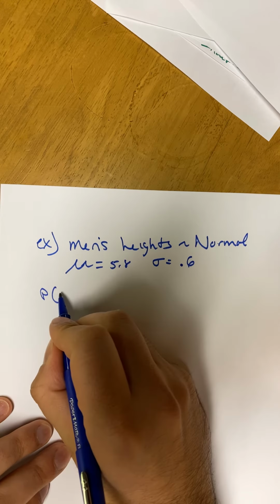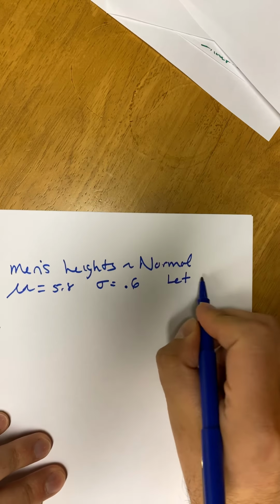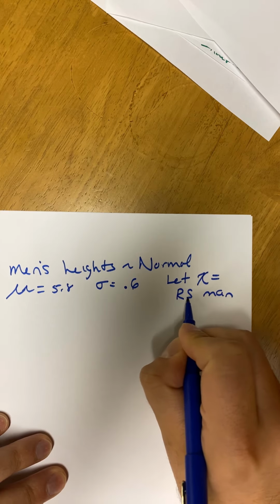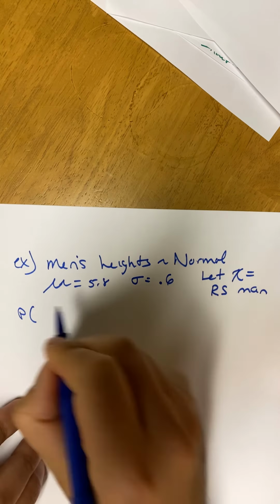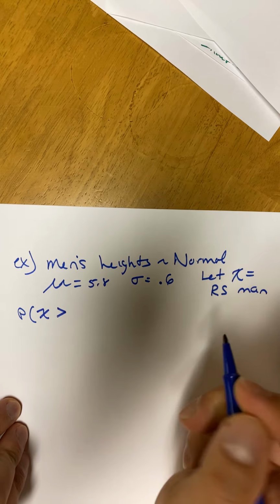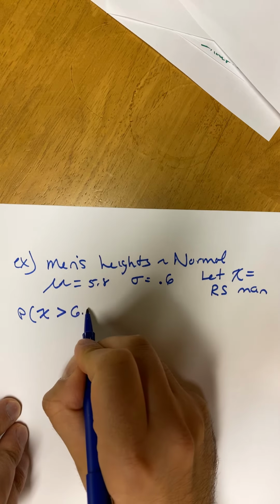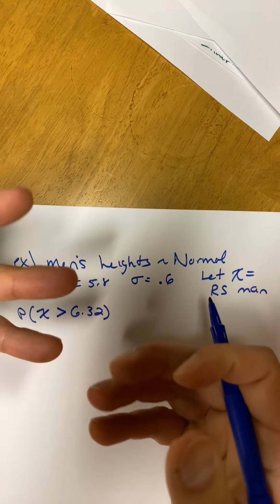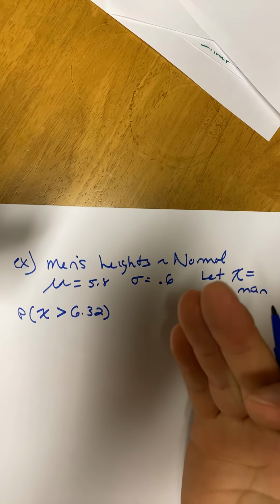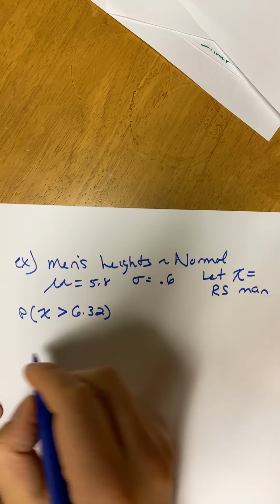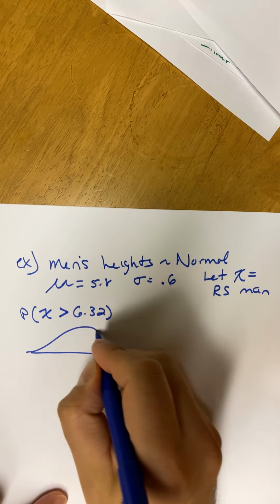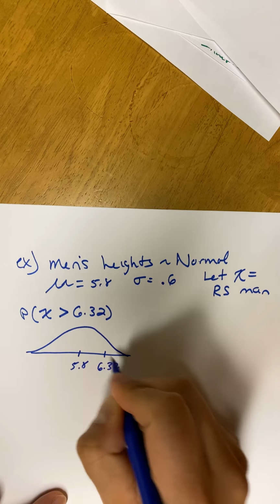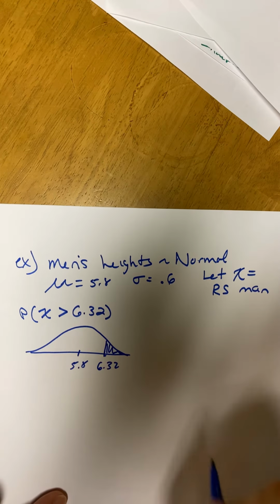If I want to find the probability that some randomly selected man is greater than 6.32, the empirical rule is not going to work. You only use the empirical rule when the book tells you to use the empirical rule. But if it's written like this, 5.8 is in the middle, 6.32 is right here. So I need to find the area under that curve.